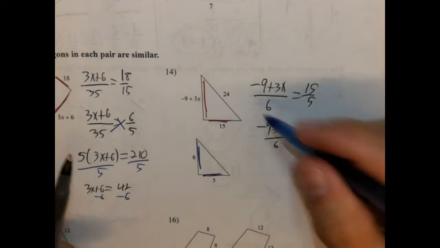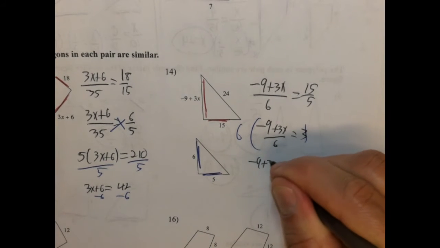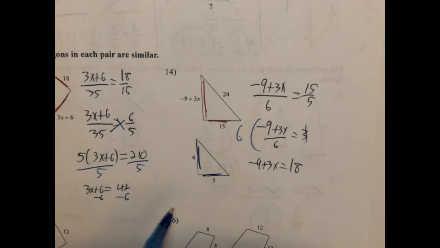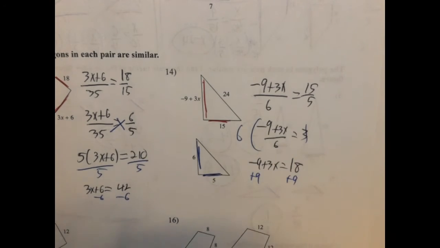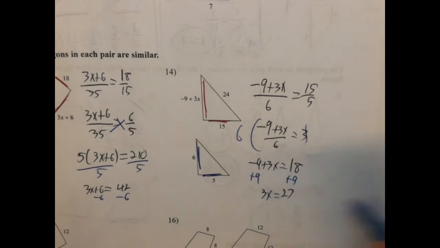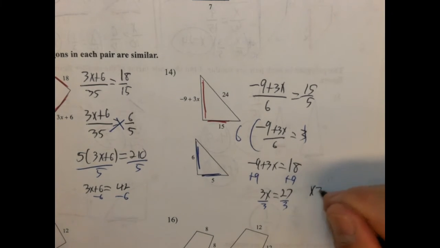We're going to multiply both sides by 6 to get rid of our denominator. So -9 plus 3x equals 18. Let's add 9 to both sides. So 3x equals 27, and divide by our coefficient, which is 3. X equals 9.